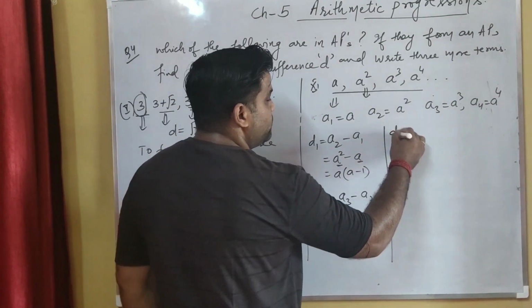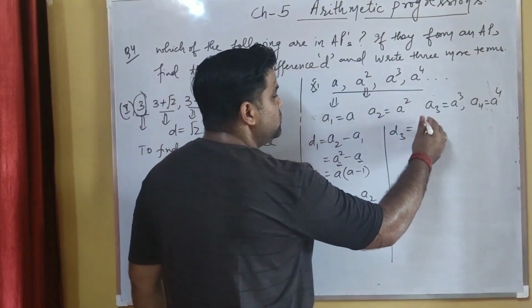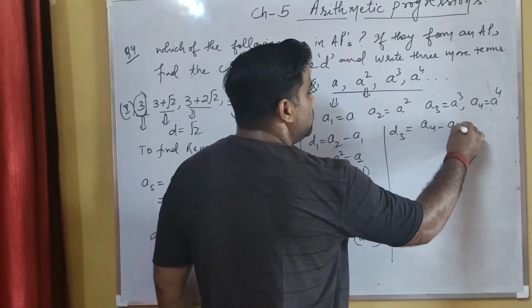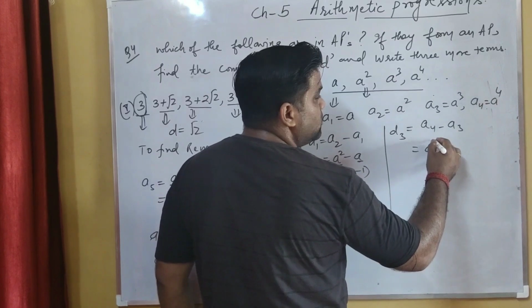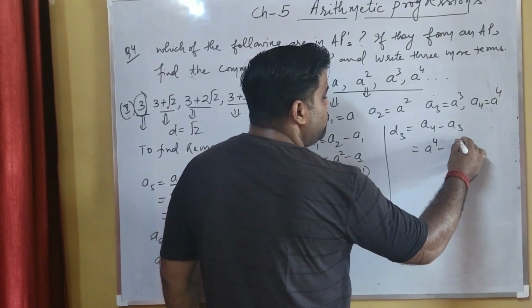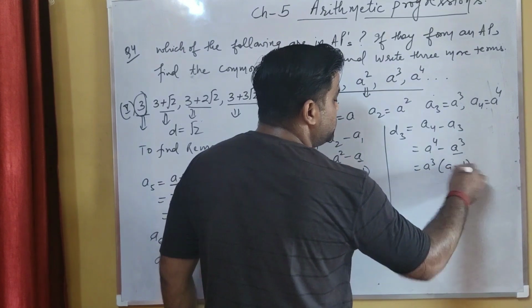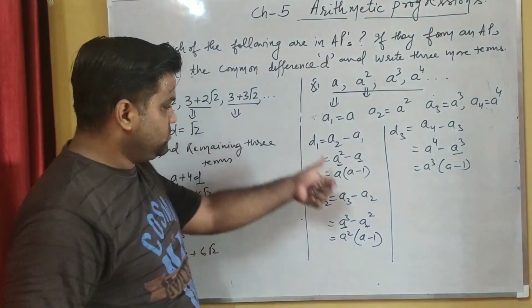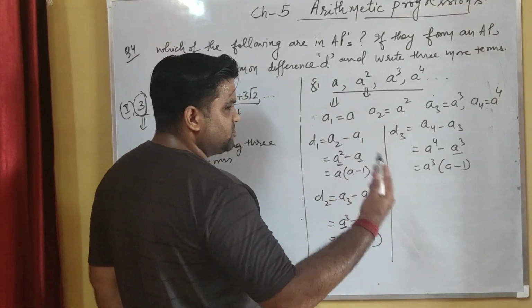Similarly, we find the common difference between the fourth term and the third term. We write a4 minus a3. The value of a4 is a raised to the power 4 minus a cube. Here a cube is common, so we are left with a cube into a minus 1. Now we have found it. Let us check whether the common difference is the same or not, for a sequence to be in AP.